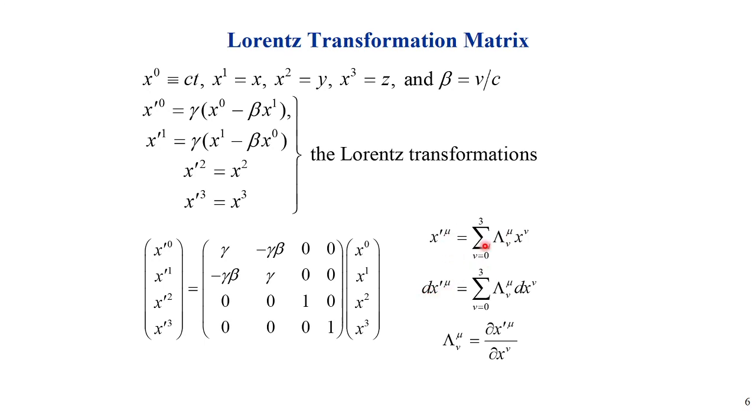Here we use 0, 1, 2, 3, with 0 0, 1 1, 2 2, 3 3. We take the derivative, dx prime over dx, and it looks very simple, just here and here. And lambda mu nu: the problem is that this looks like velocity v, but this is the index nu.